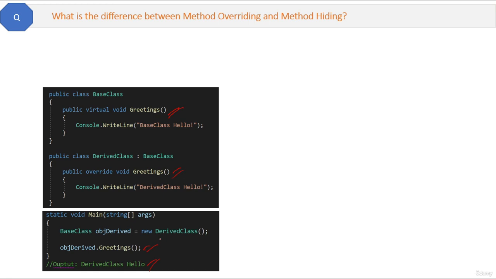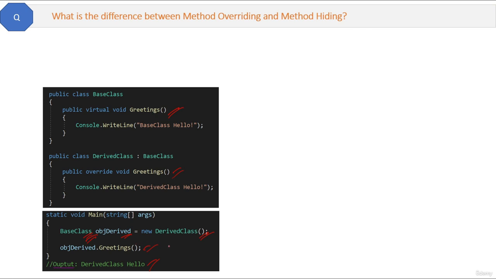But sometimes we have to declare the object as the base class and then create the object of the derived class like this. Let me tell you a scenario. Suppose we have one base class and 10 derived classes. Then we will just declare the obj derived variable as the base class, and then we will write a condition like, if this condition is true, obj derived equals new derived class 1.